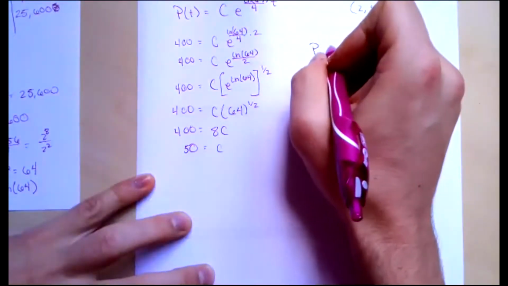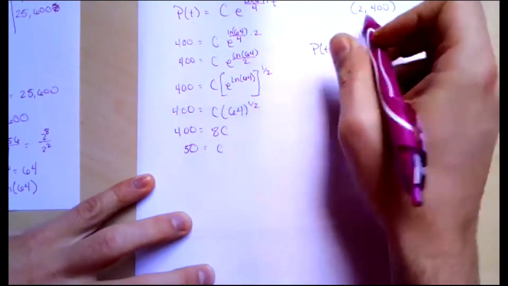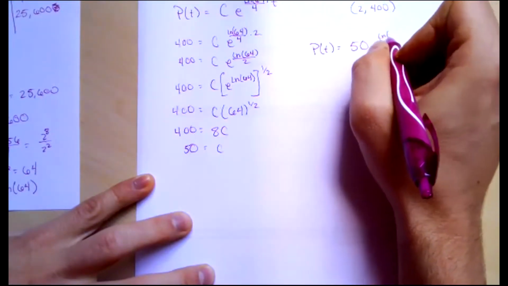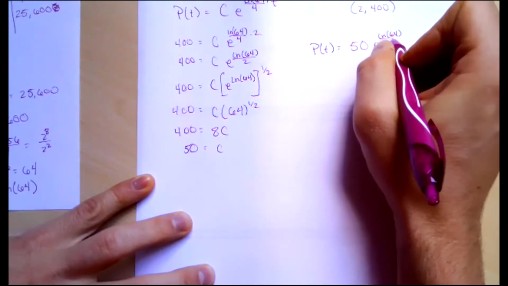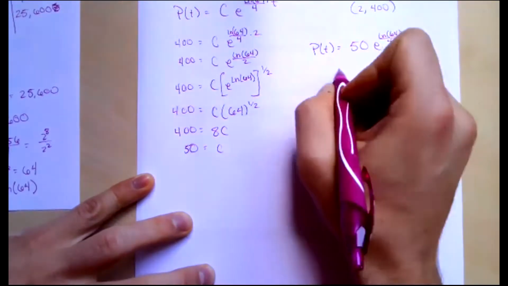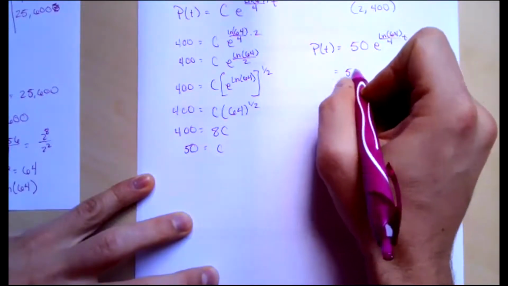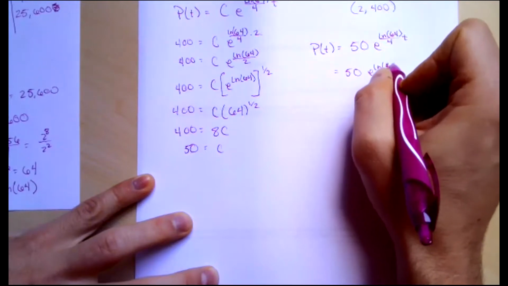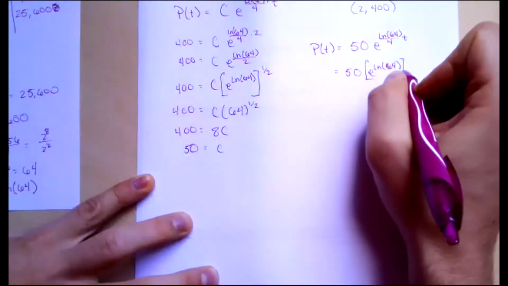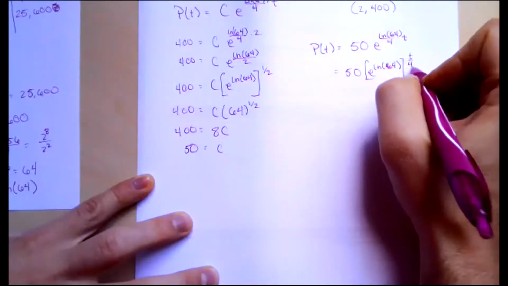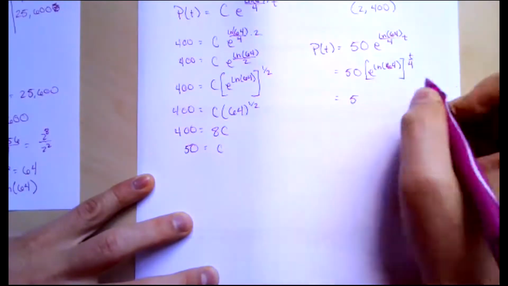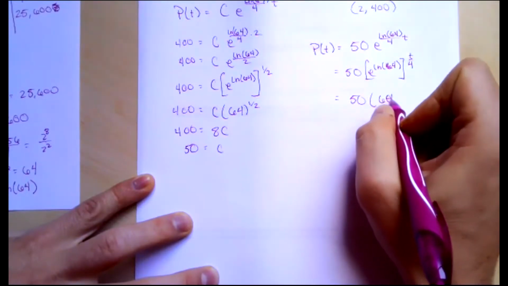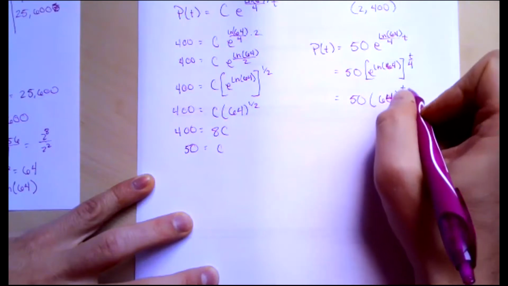And so our model, P of t, is equal to 50 e to the natural log of 64 over 4 times t. Or if we wanted to manipulate this, again, e to the natural log of 64 to the t over 4 is going to give me 50 times 64 to the t over 4.